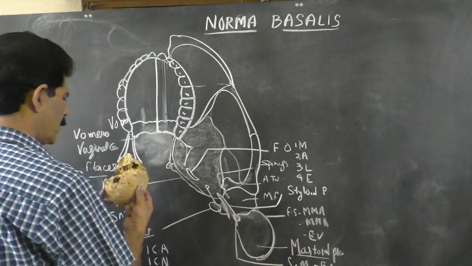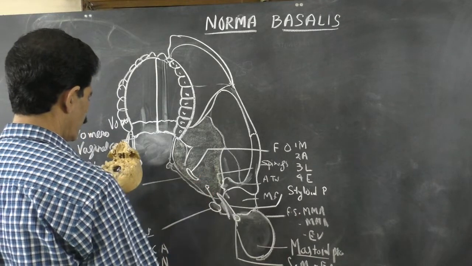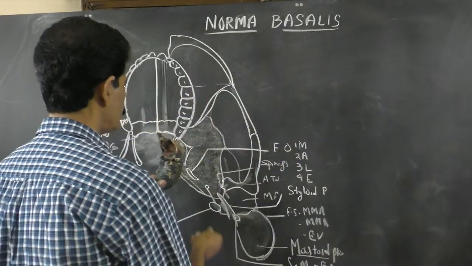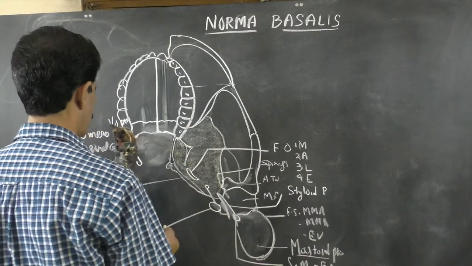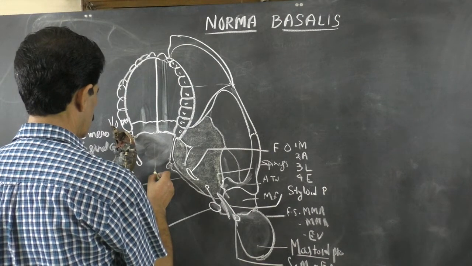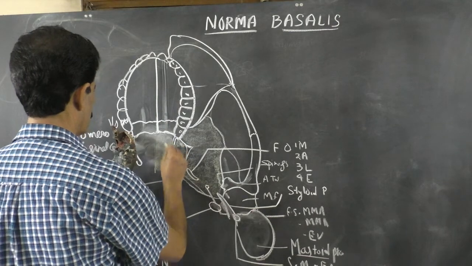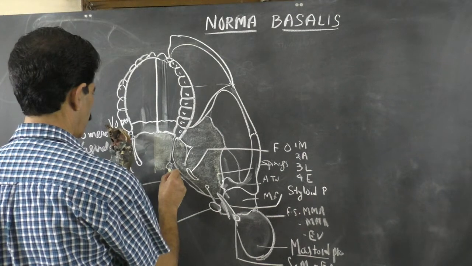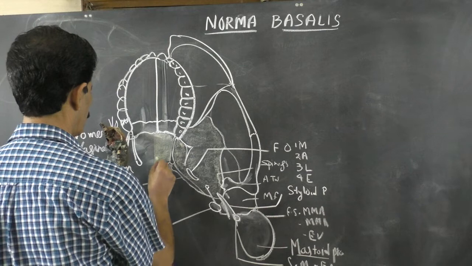Then inferiorly and posteriorly, behind the greater wing of the sphenoid bone, in the midline, immediately here comes the body of the sphenoid bone.